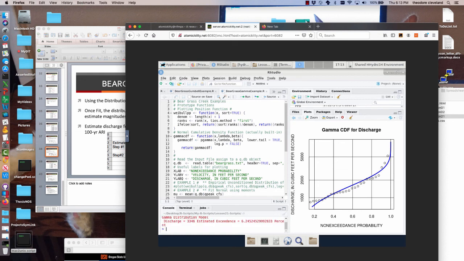And so that's at the 94 percentile non-exceedance or 6 percentile exceedance. So assuming the gamma distribution is what we think is the model of the data, then the discharge of 3346 CFS would be expected 6% of the time to see 3346 CFS or greater. And that's the essence of probability estimation modeling.